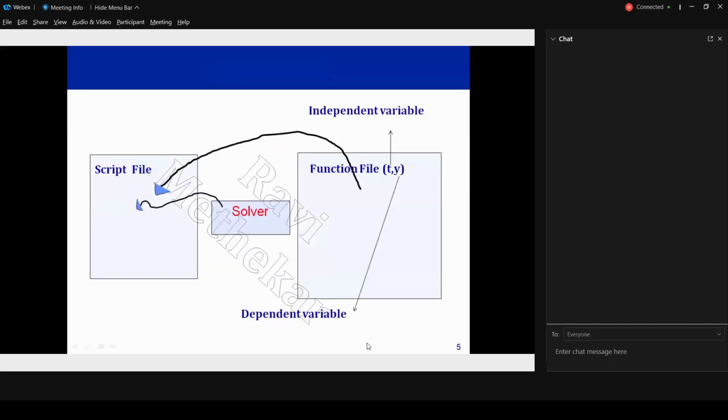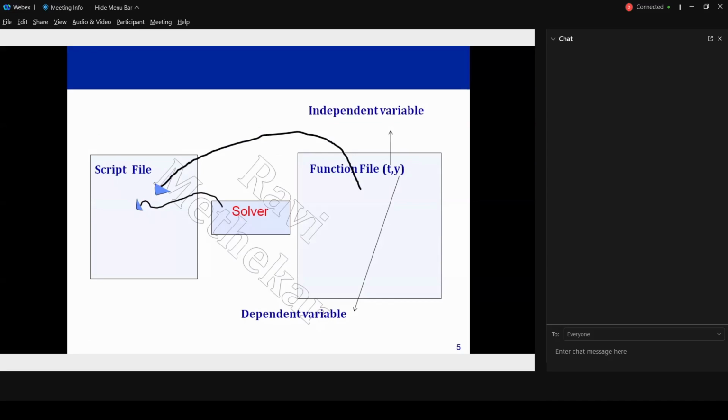Now, how does the flow of information take place? As I mentioned, we need to write a function file. We have written a lot of function files. In a function file, input arguments are required. Here, we need to provide two input arguments: one is the time, and another is y.